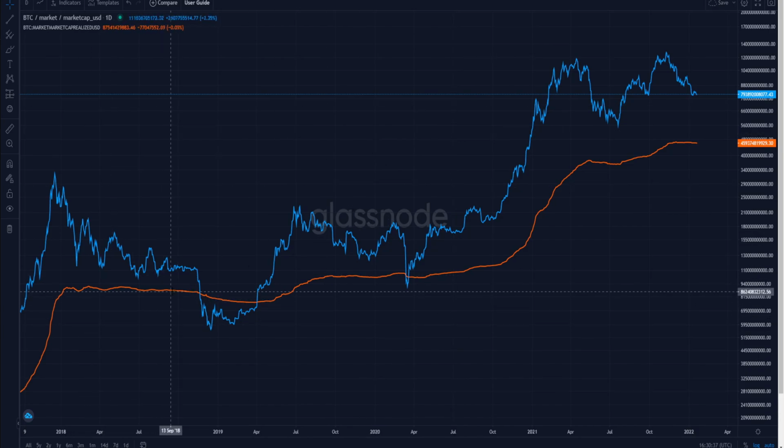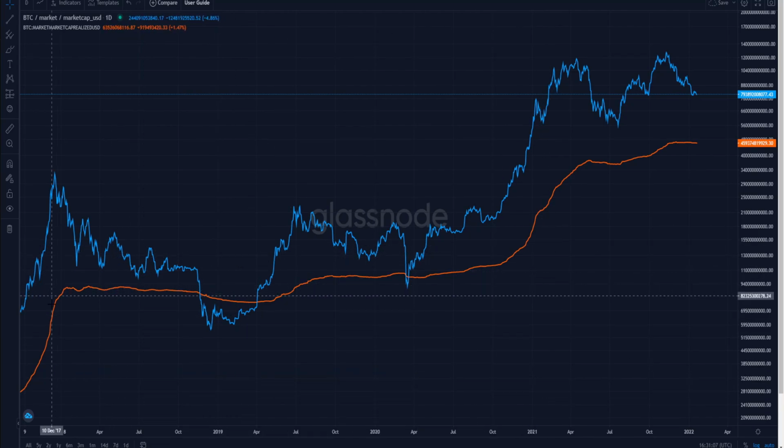In orange, we have the realized cap. It takes every coin that has been transacted on the Bitcoin network, and it says what was the price of the coin at the moment that it last moved. Because that is a representation of how much money has actually been invested into the Bitcoin network.